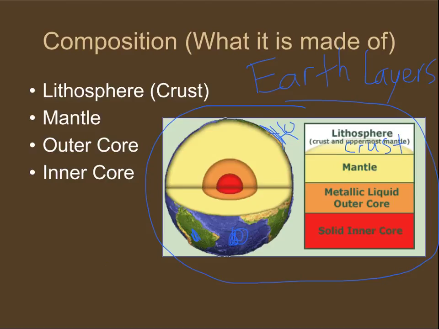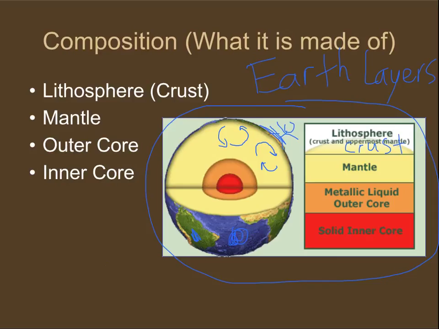So the mantle is the next layer, and the mantle, I like to think of it as kind of like a hot blacktop. And there are convection currents, just like hot blacktop. The mantle can move, so it actually heats up and cools down, and it creates these convection currents that actually move the lithosphere plates above it.